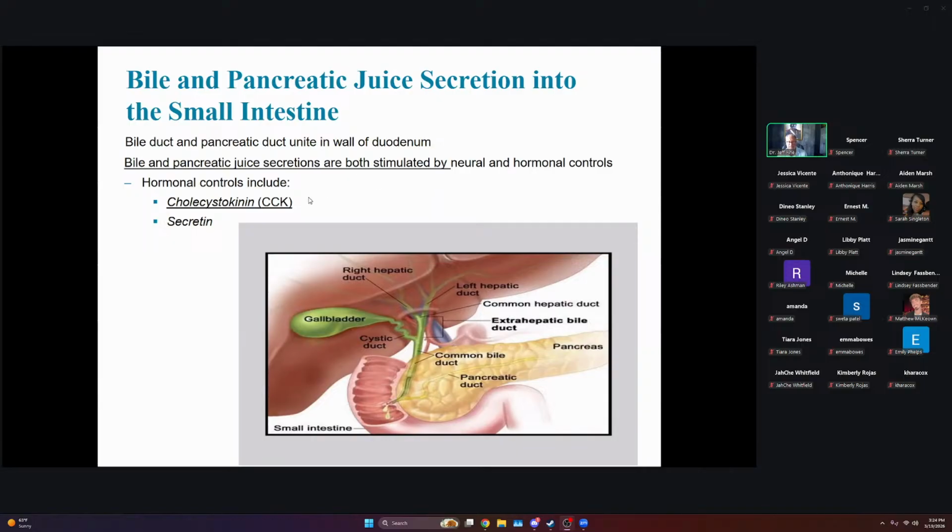So we have CCK again, and we have secretin, both hormones that are going to be local chemical messengers that are going to cause the release of bile from the liver or the gallbladder and pancreatic juices from the pancreas.